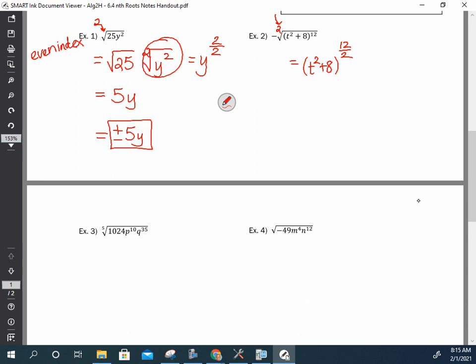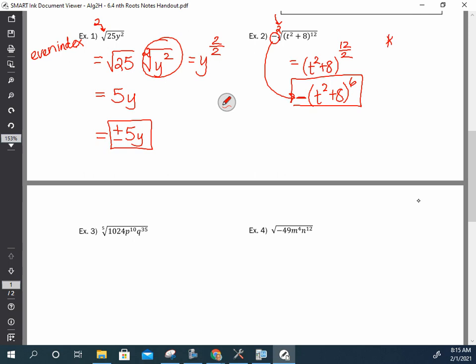So 12 divided by 2 gives you 6. The minus sign that was sitting in front just comes down. And that's your final answer. That's it for that problem.